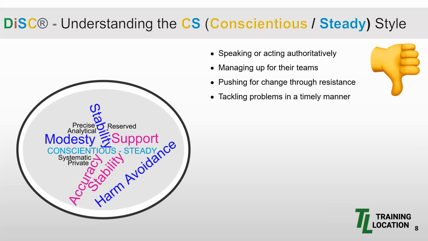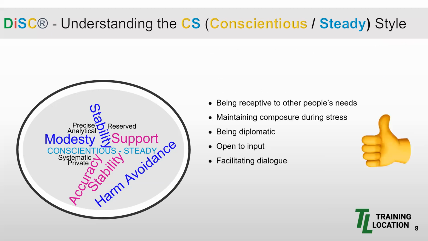Conversely, the CS style got their highest ratings when it comes to being receptive to other people's needs, maintaining composure during stress, being diplomatic, open to input, and facilitating dialogue.